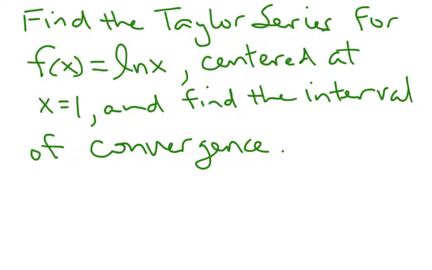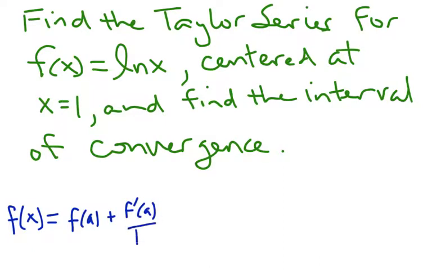And so remember, for a Taylor polynomial, or rather a Taylor series, I'll talk about Taylor polynomials in a little bit, the first term is going to be f of a, and then the second term will be f prime of a over 1 factorial times x minus a to the first power.